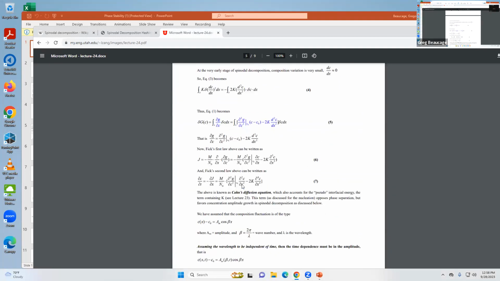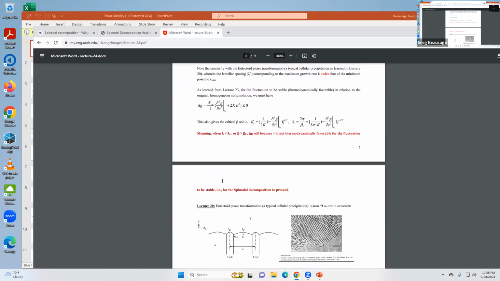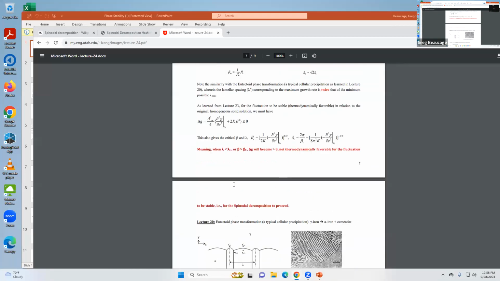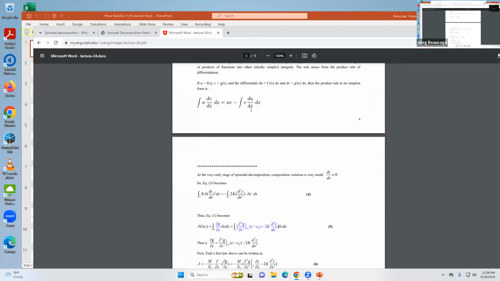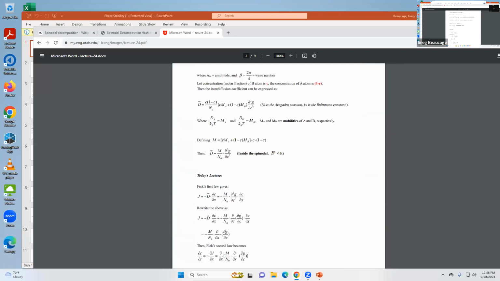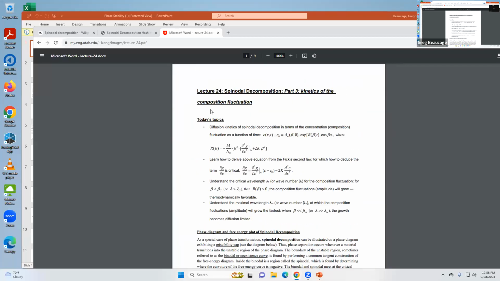You can see how many pages it takes, and you lose track really fast about what is going on here. I think this is a simplified version of deriving it. Most people that use the spinodal don't know how to derive that equation. That's my feeling, because I don't see anybody talking about the derivation of it, any place. So anyway, that's where things stand.